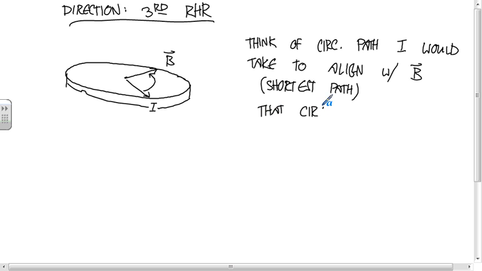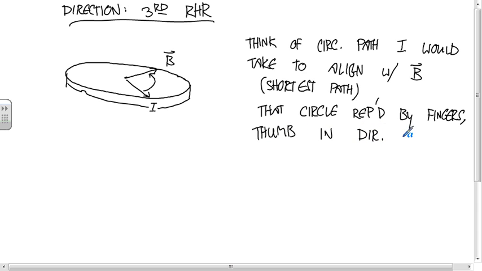That circle is represented by your fingers. And then your thumb is in the direction of the force. Okay, so in this case, to start with I and align it with B, you have to go in a circular path like that. And so the thumb is pointing up. And so the force vector is up.